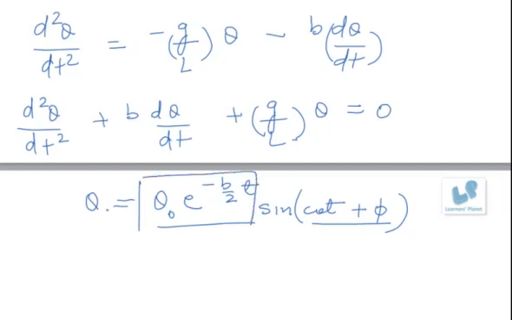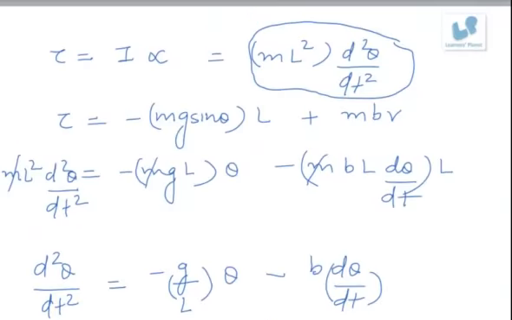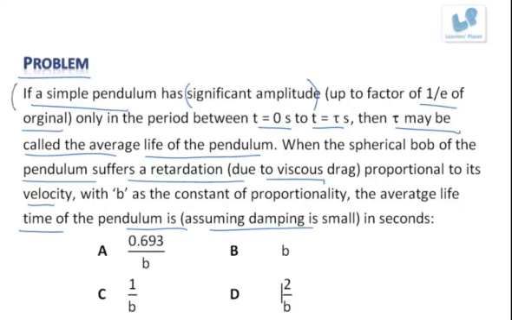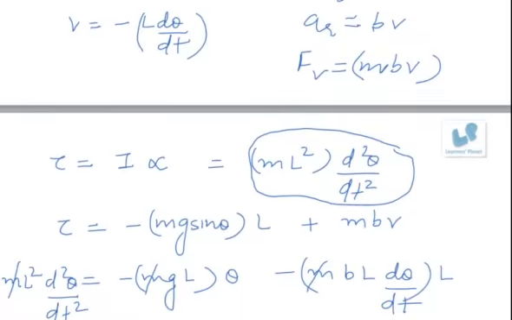So with this equation, let us again read one statement: if a simple pendulum has significant amplitude, that is up to a factor of 1 by e of original, only in the time period between 0 to tau seconds.